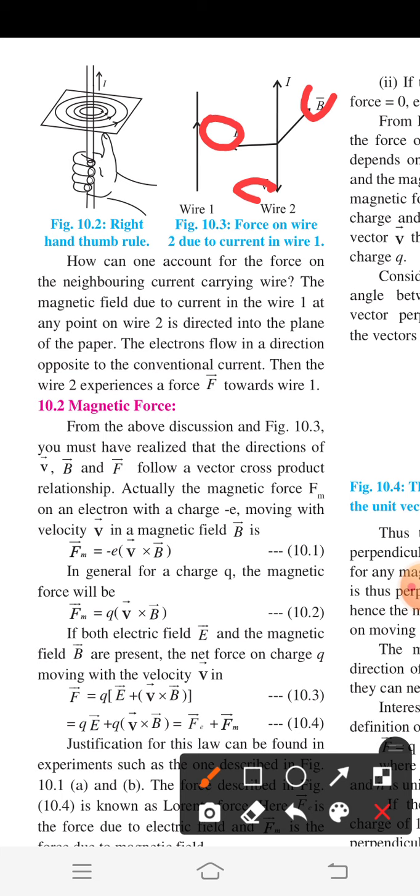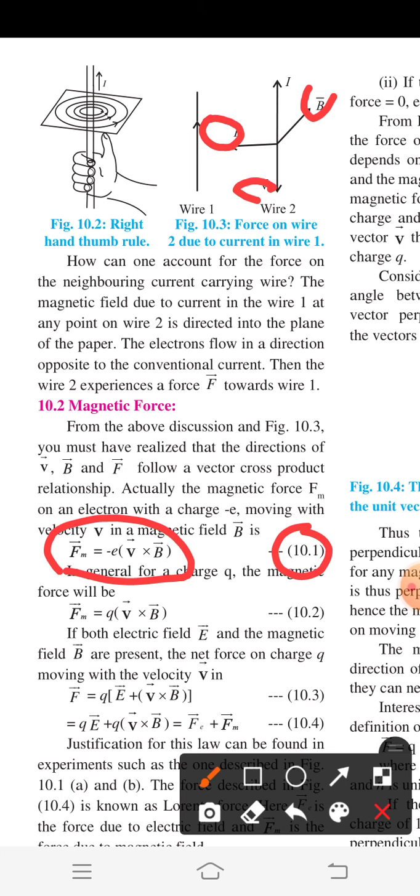on an electron with a charge minus e moving with velocity v bar in a magnetic field B bar is, म्हणजेच मॅग्नेटिक फोर्स जर आपण Fm दाखवला कधी ज्यावेळेस इलेक्ट्रॉनवरती चार्ज मायनस ई असेल आणि तो इलेक्ट्रॉन व्ही बार या व्हेलॉसिटीनं मूव्ह होत असेल आणि त्यावरती असणारं मॅग्नेटिक फील्ड बी बार असेल, देन मॅग्नेटिक फोर्स Fm is given by Fm bar is equal to minus e into v bar cross B bar, equation number 10.1.